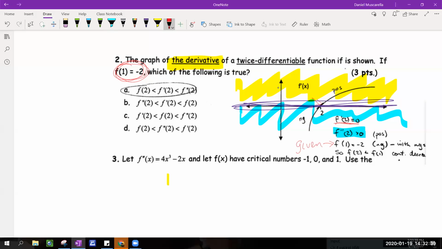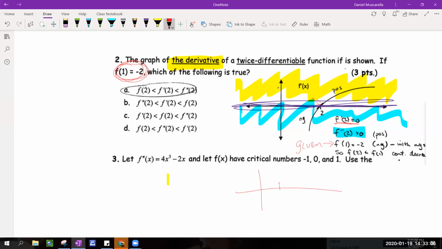We don't really have to do a lot of analysis for that. So once I look at that, I'm like, all right, so f of 1 is -2. So f of 2, whatever that is, I know that value, because 2 comes after 1. And everybody okay with that?